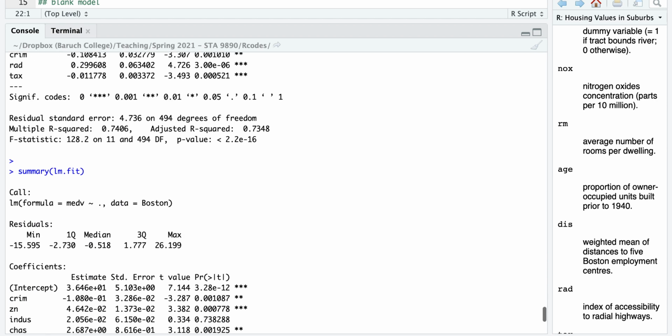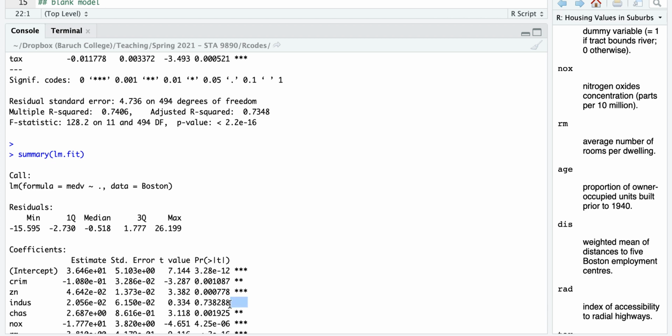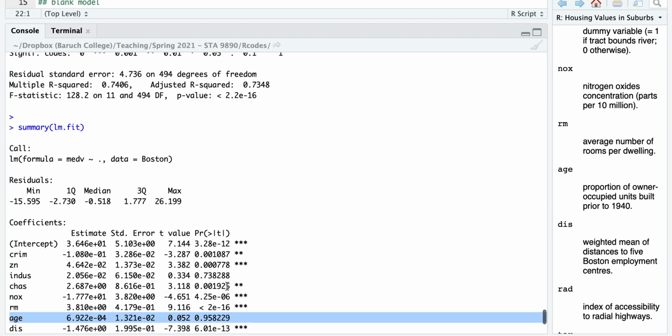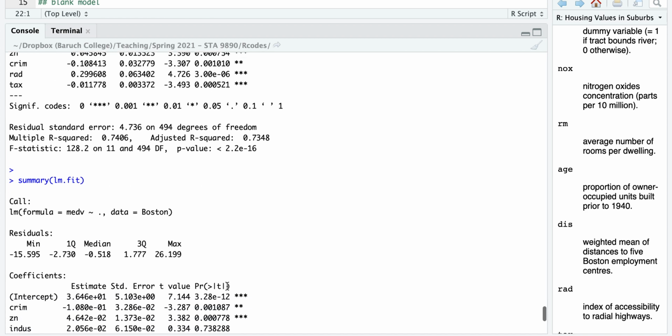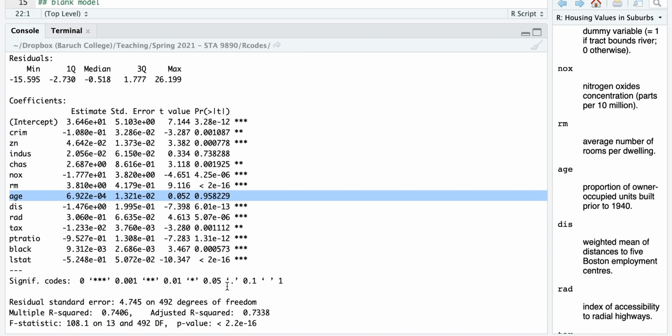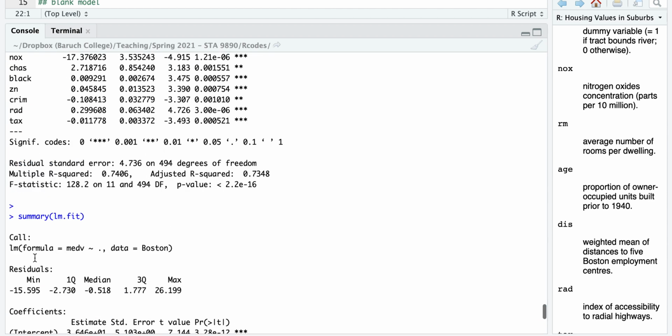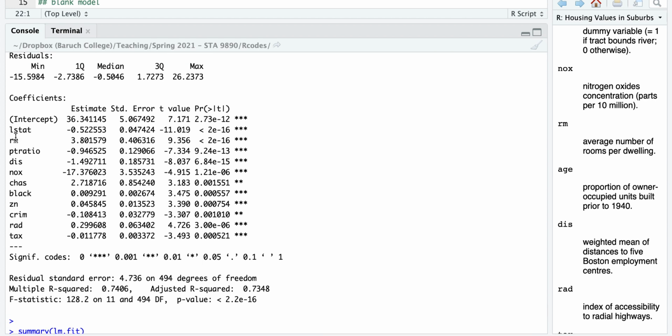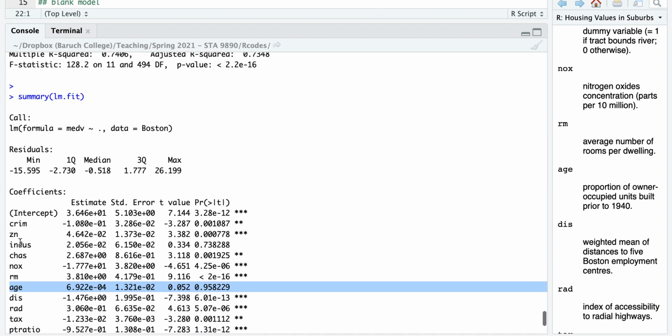Some variables are removed. Among them, indus, age. Let's see, 1, 2, 3, 4, 5, 6, 7, 8, 9, 10, 11, 12, 13. And 1, 2, 3, 4, 5, 6, 7, 8, 10, 11. So 2 of them were removed.